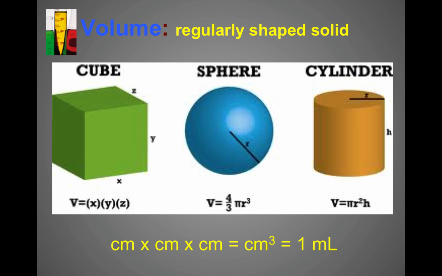So, a solid with a volume of 1 cubic centimeter is the same as the volume occupied by a liquid which has a volume of 1 milliliter. A cubic centimeter is the same thing as a milliliter. Don't forget that.